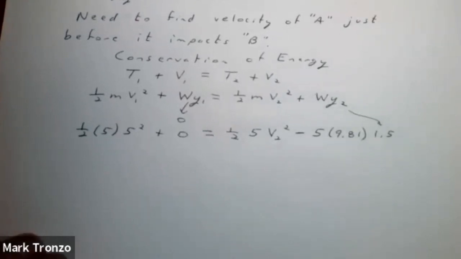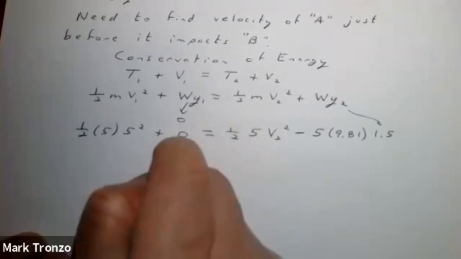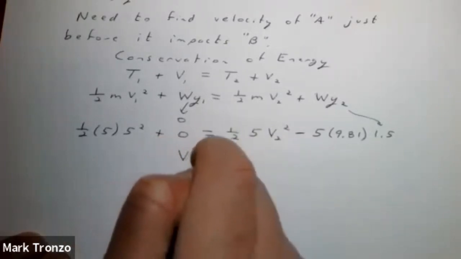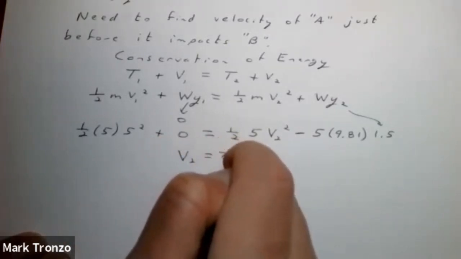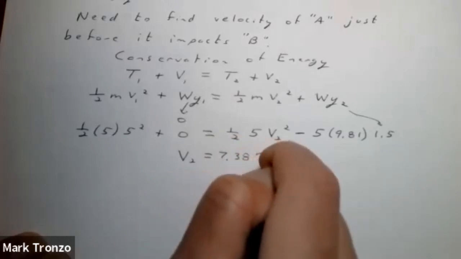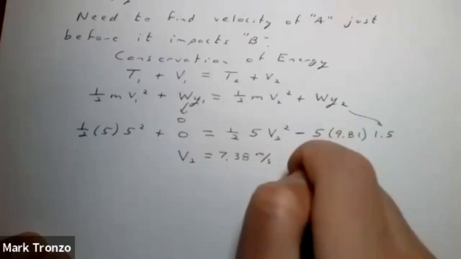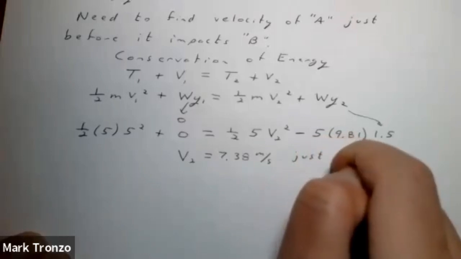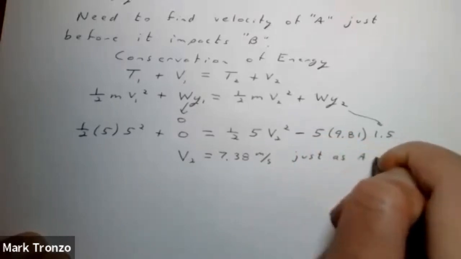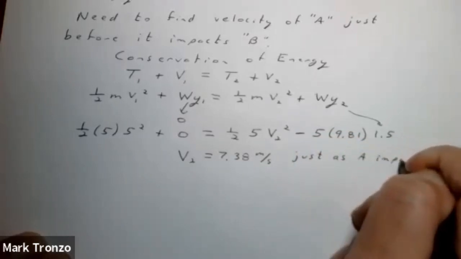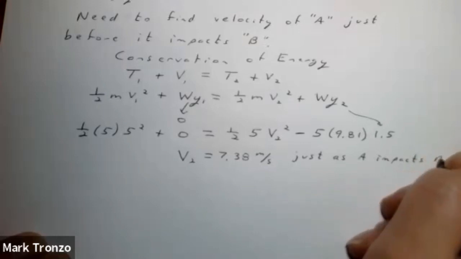So that's all we need. So if you put that on your calculator, you get v2 is 7.38 meters per second, just as A impacts B.